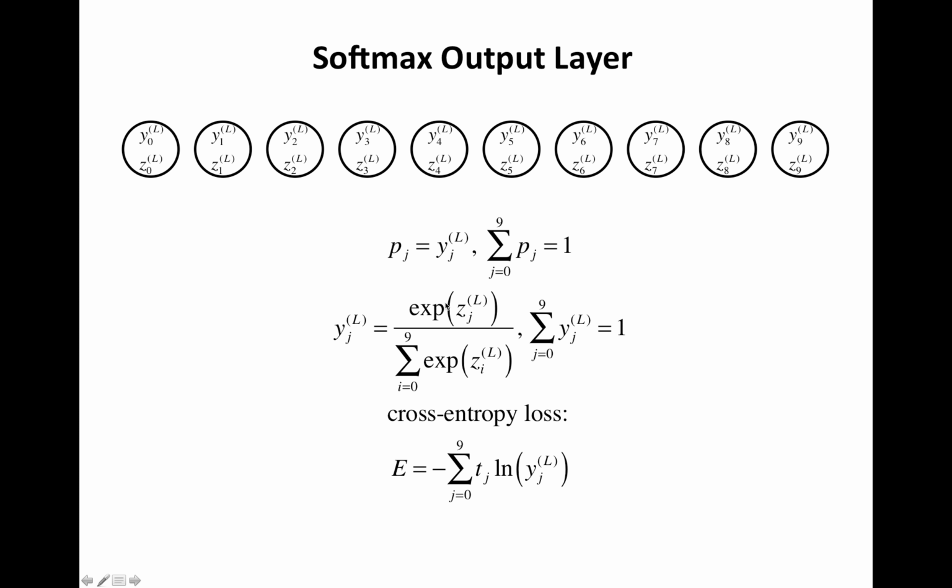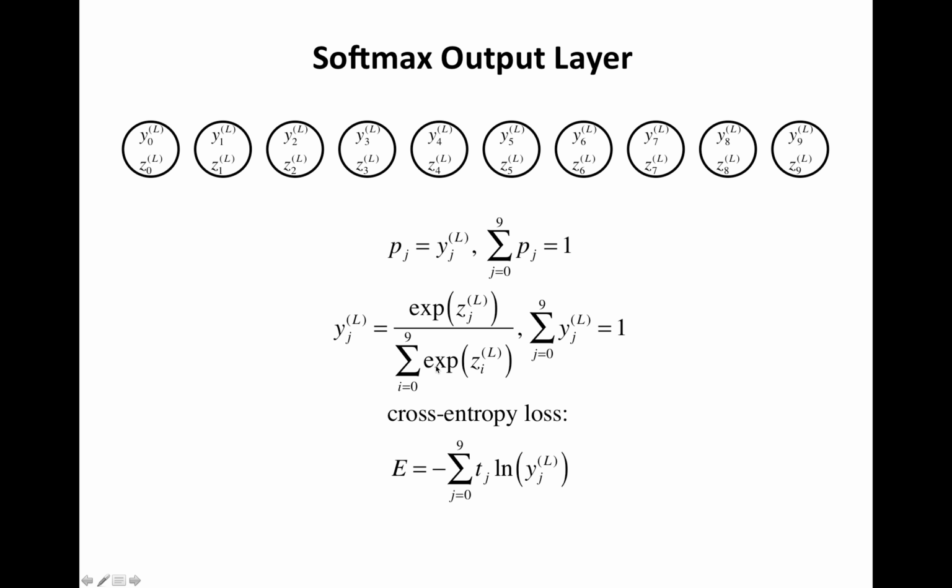Basically, we take the exponential of the logit of the jth neuron, and then divide it by the summation of the exponentials of all the logits in the output layer, where the index i goes from 0 to 9.